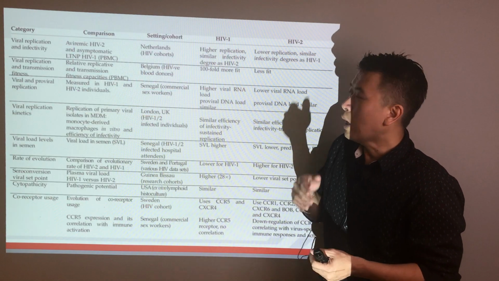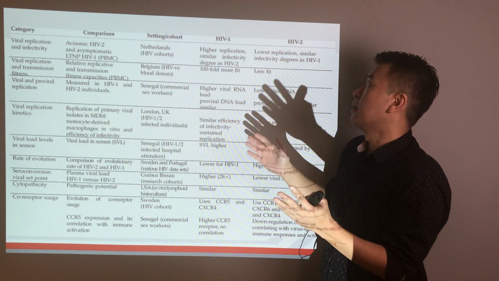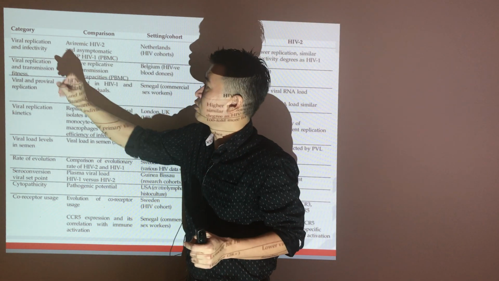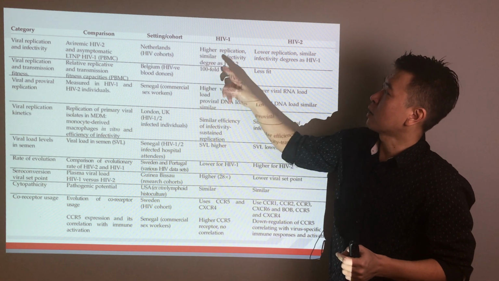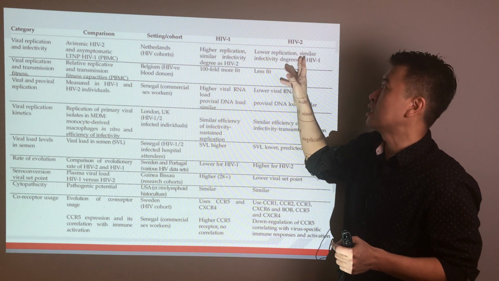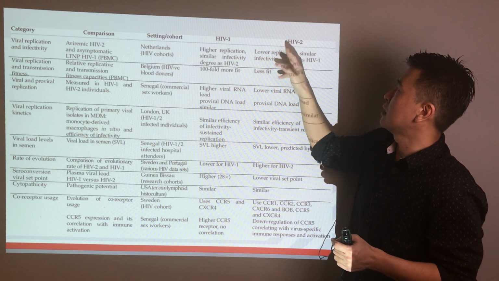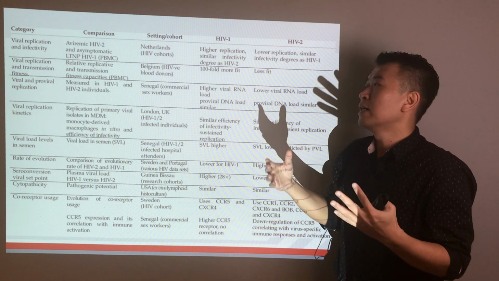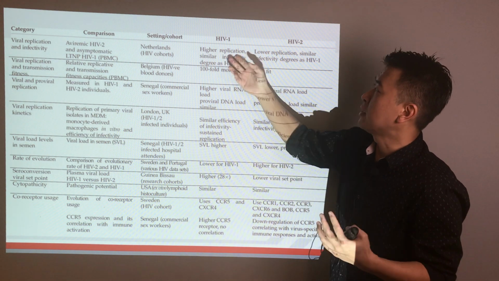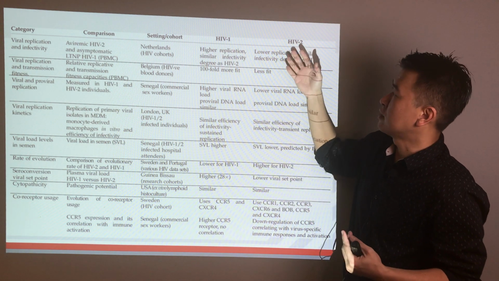All right, so what other differences compare HIV-1 and HIV-2? If we look at the virus replication in this case, you can see that HIV-1 replicates much faster compared to HIV-2. So this is higher replication, and this is lower replication, but it doesn't reduce the infectivity of the virus. It simply means that this virus replicates faster than this virus.